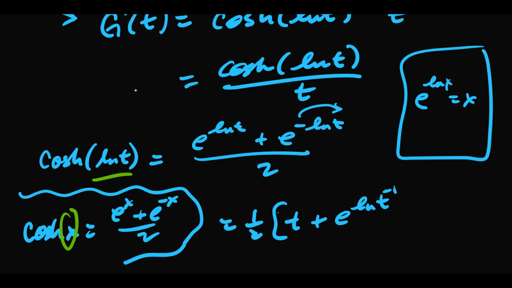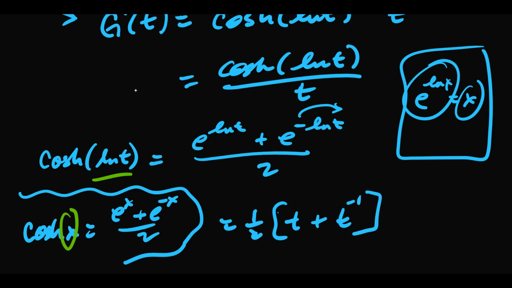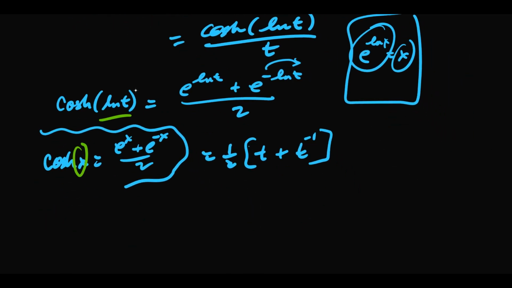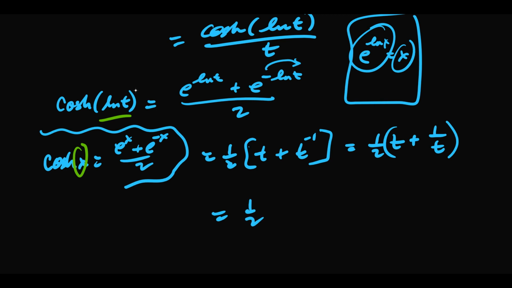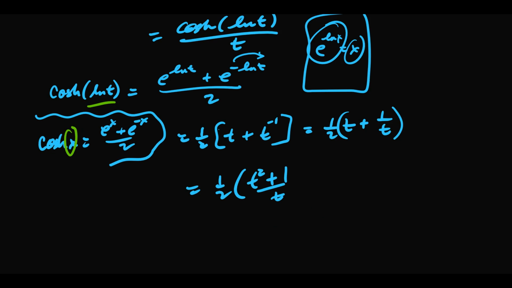Well, e to the natural log of anything is just itself, and so we get t to the negative 1 there, and then that's times 1/2. And so when you simplify this, you get 1/2 times t plus 1 over t, and when you do the math on that, you get 1/2 times t squared plus 1 over t. All right, so we don't want to forget the t that was up here.